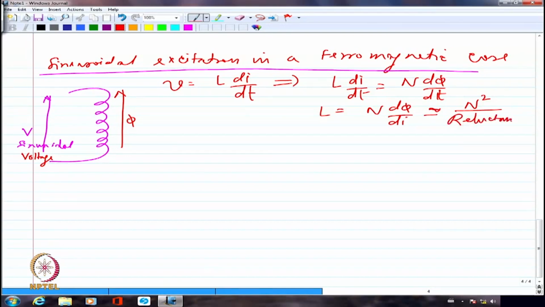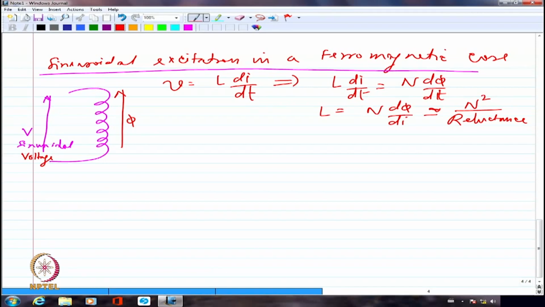Please manipulate this and find out whether you are getting this expression. N square by reluctance will be the inductance. So if the reluctance is changing because the permeability is changing due to saturation, the inductance will not be a constant anymore. This we already discussed.